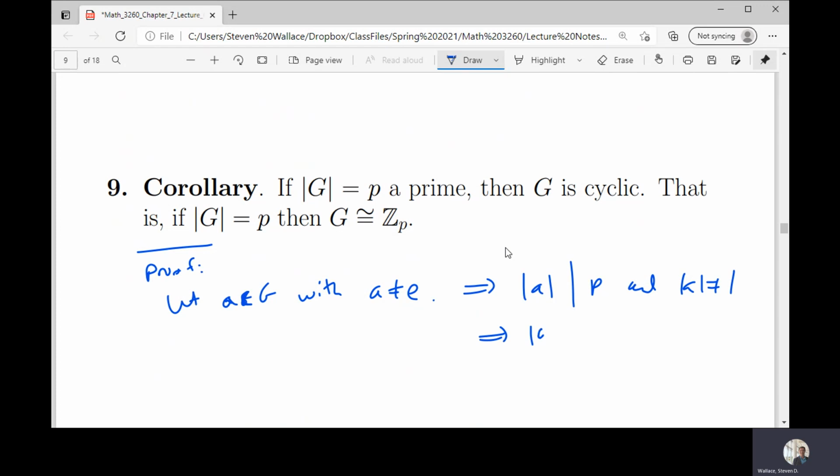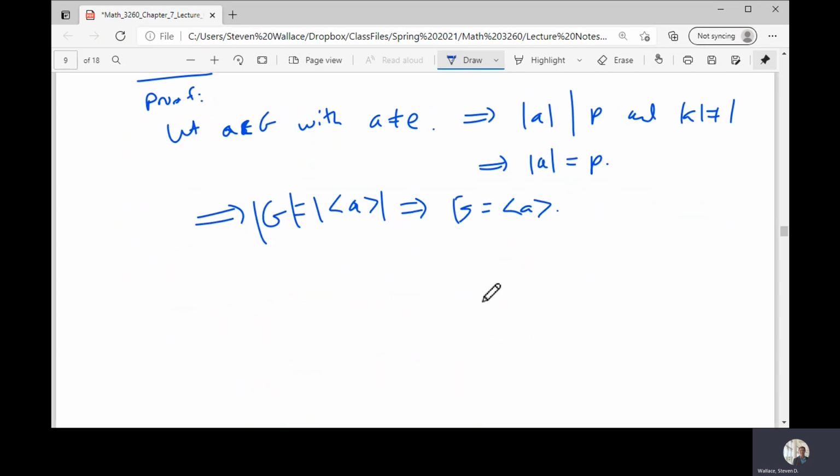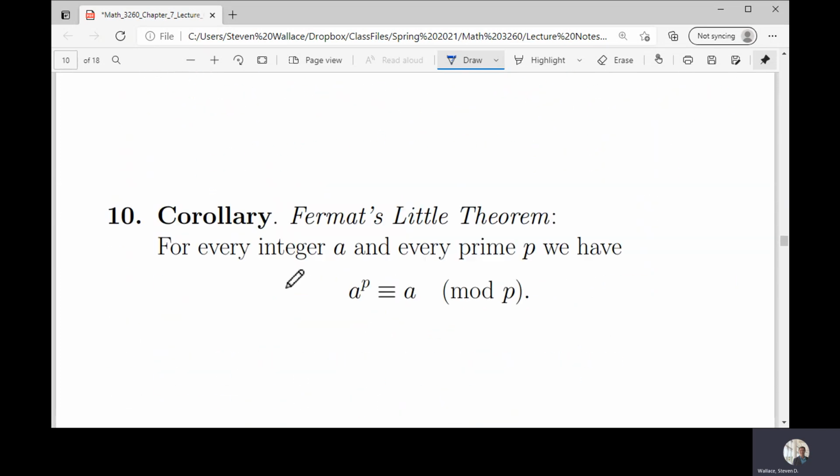That means the order of a is equal to p, right? p is a prime, so it only has two divisors, itself and 1. That means the order of G must be the same as the order of the cyclic subgroup generated by a. That means G must be that cyclic subgroup. Okay.